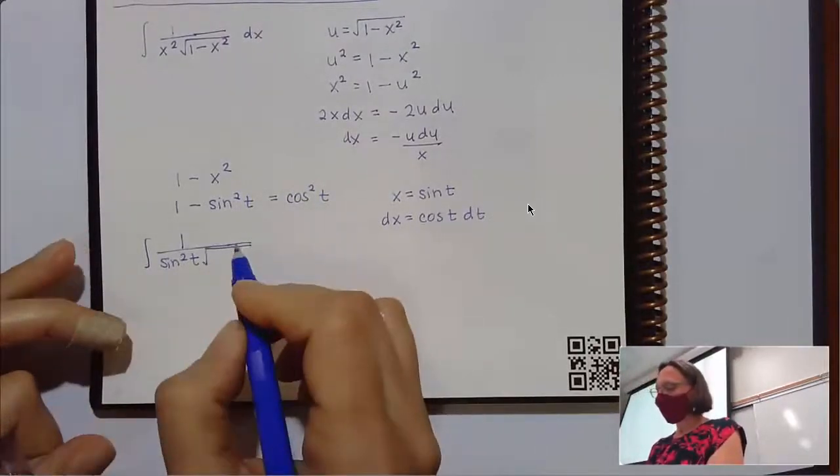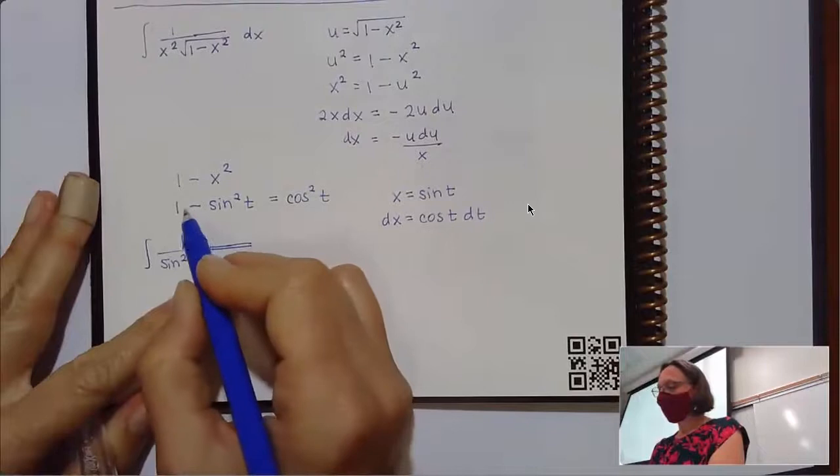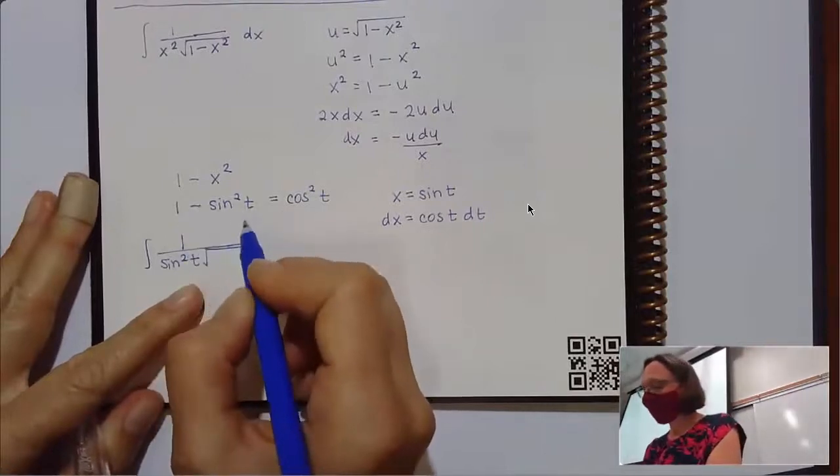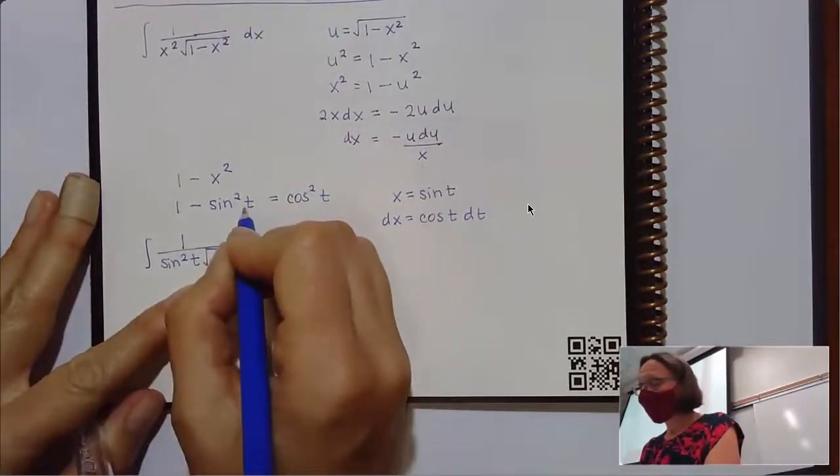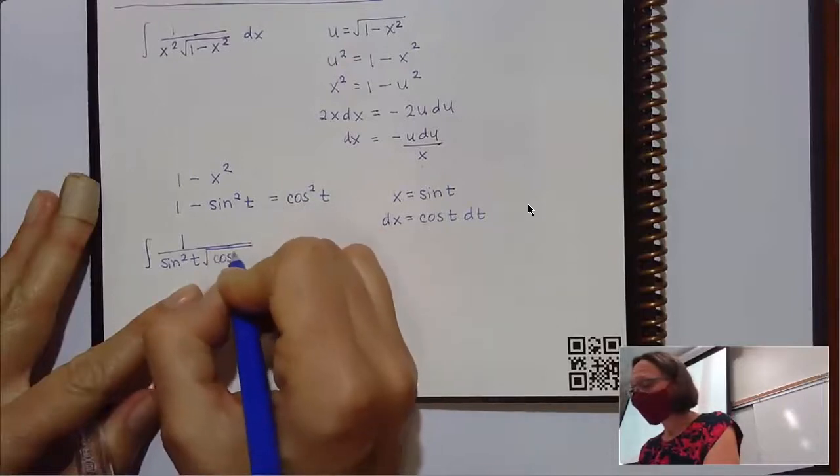Inside of this square root, I'd have 1 minus sine squared t, but that's equivalent to cosine squared t.